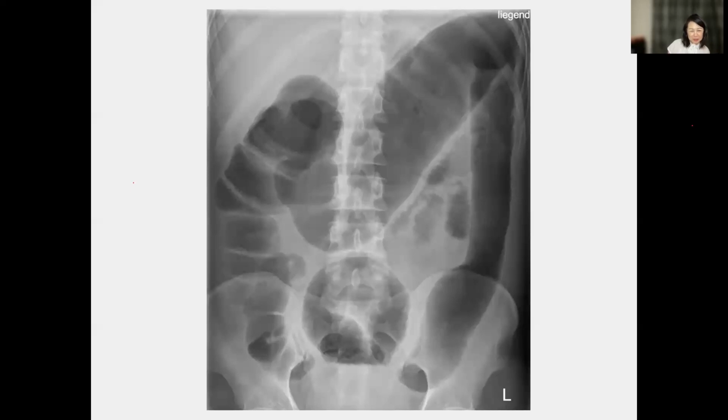Yeah, this is large bowel obstruction. So why? Because the bowel loops are at the periphery of the abdomen, and then there's loss of haustra, so you don't see anything. If valvulae conniventes, like in here, this is a small bowel, you will see the lines here, valvulae conniventes. So this is large bowel obstruction.